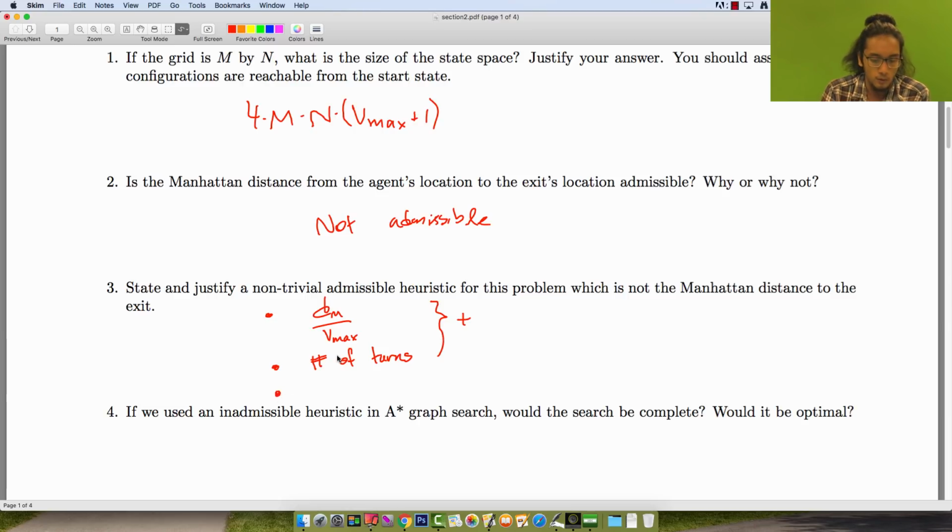One more option we can add is to take the first answer and correct for the fact that actually you cannot be traveling at Vmax the entire time. So what this will do is, probably you'll change the denominator to be something a little bit smaller than Vmax, some kind of adjustment term for the fact that you have to slow down once you reach the goal. And so this overall quantity will be a bit bigger, making it a better heuristic, but it'll still be an underestimate of the true distance to the goal.